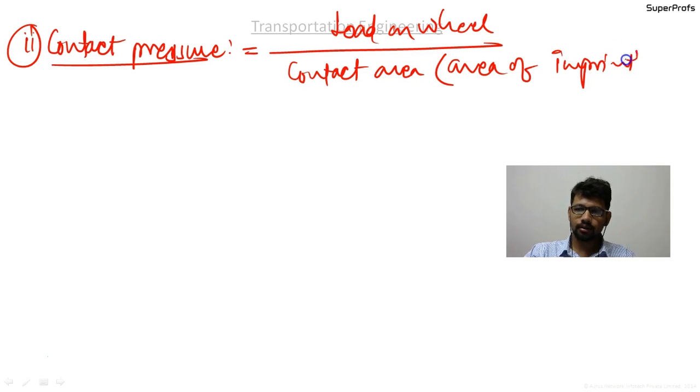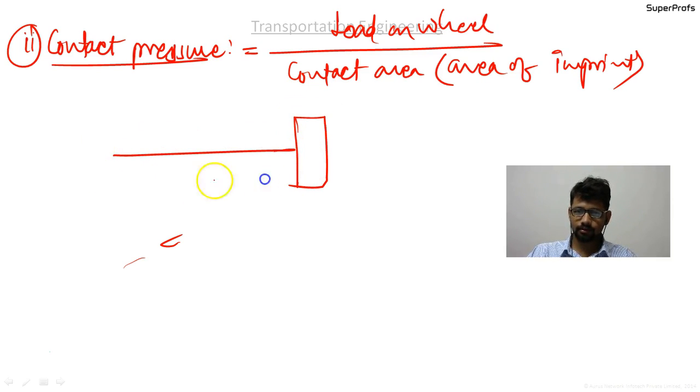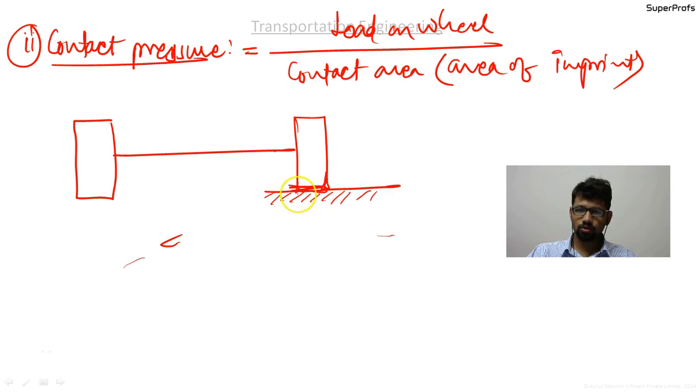Suppose there is an axle like this. These two are the wheels. So contact pressure will be measured over here, the contact between the wheel and the pavement. Usually the contact area is elliptical, I'll give it as a note.